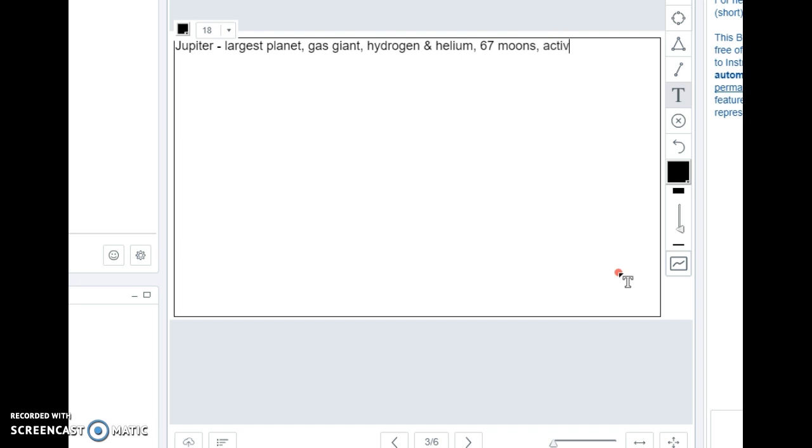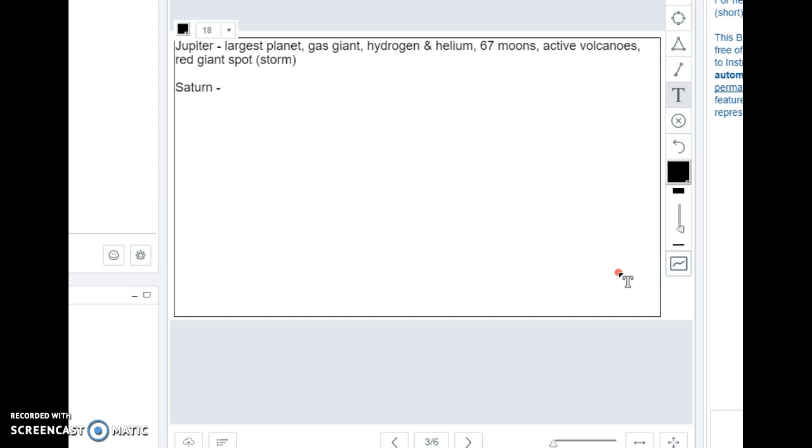It also has active volcanoes and a great red spot, which is considered to be a storm. Scientists have been watching this storm for several years now. So moving right along to the next planet, we have Saturn.